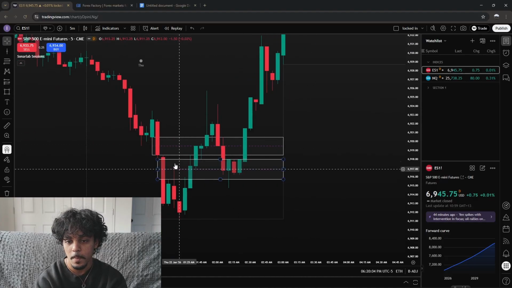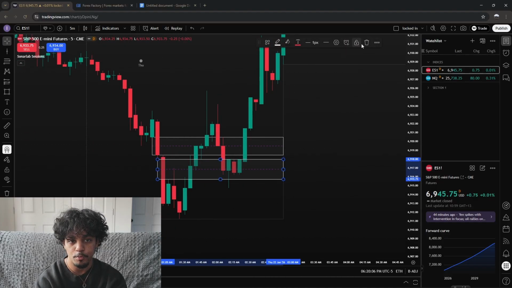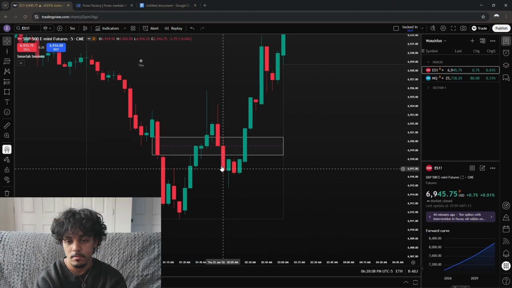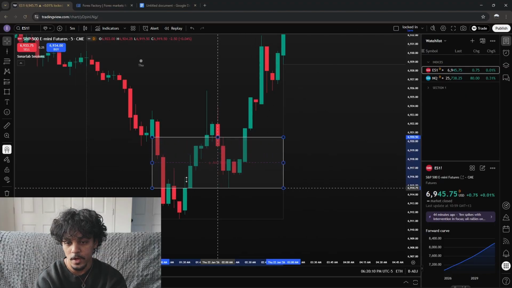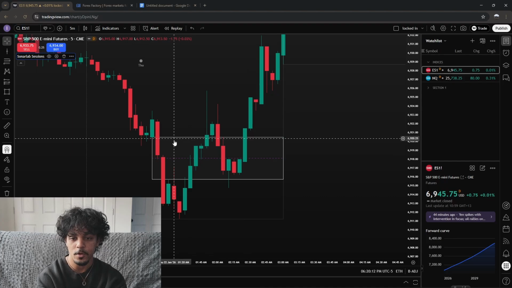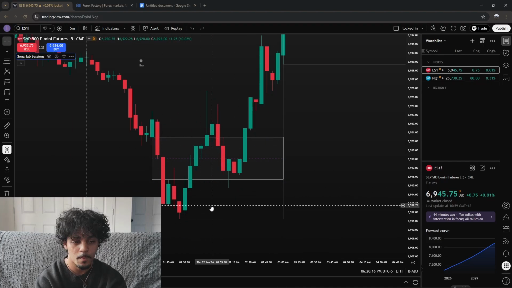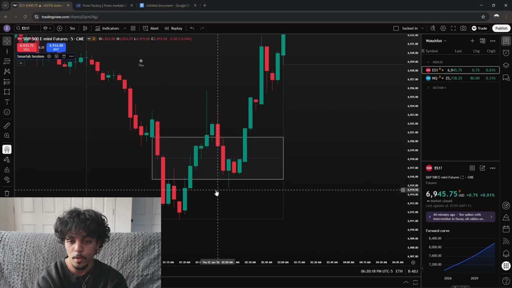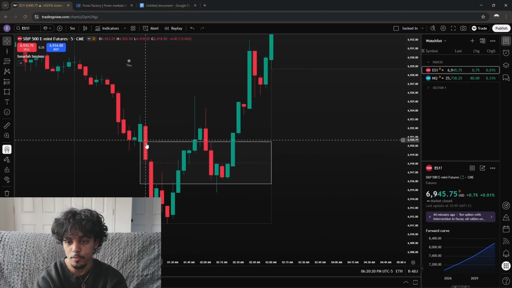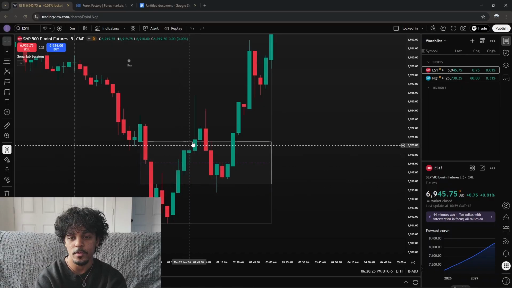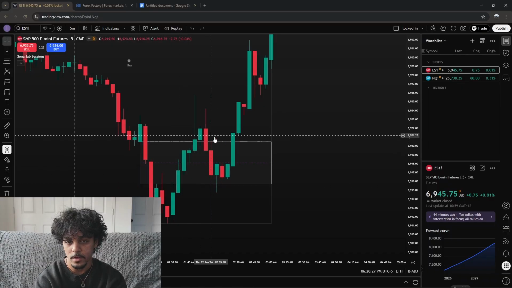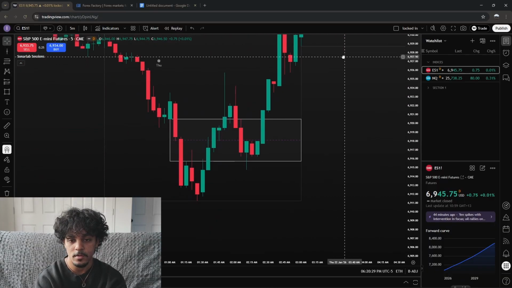So this fair value gap pretty much becomes useless, and we can drag this down to create one big fair value gap that engulfs both fair value gaps. So price creates the fair value gap, moves up, invalidates the fair value gap, and then continues higher.